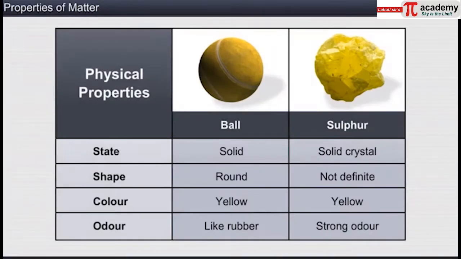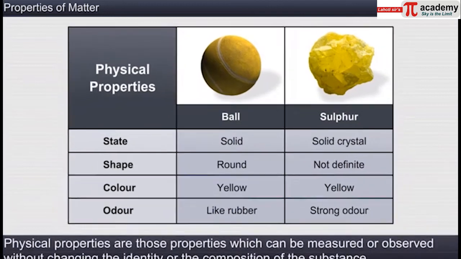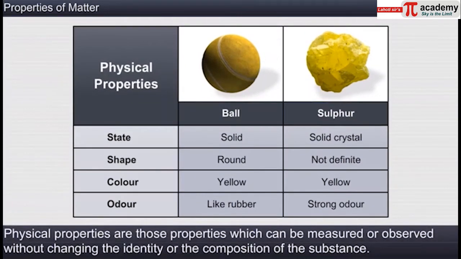What we saw are the physical properties of a rubber ball and sulfur. These properties can be easily seen or felt. Thus, we can say that physical properties are those properties that can be measured or observed without changing the identity or the composition of the substance.